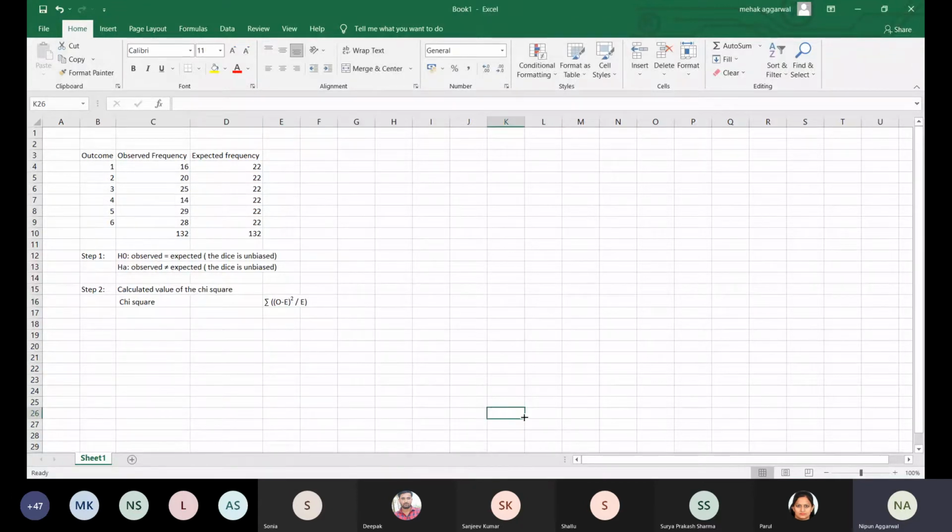So observed minus expected square divided by expected, and then you give the summation. That is the formula.